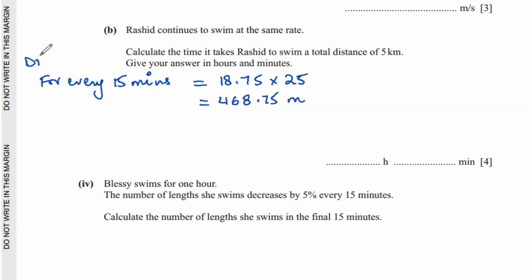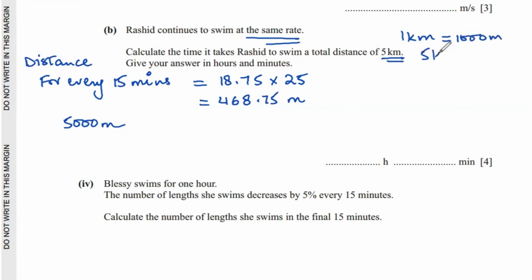Now, this is the distance for every 15 minutes since they're using the same rate. Now, to see how many 15 minutes he takes in covering this 5 kilometers, we will do 5,000 meters because 1 kilometer equals 1,000 meters.